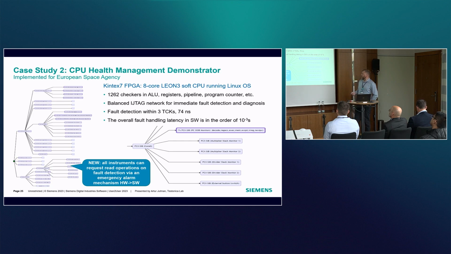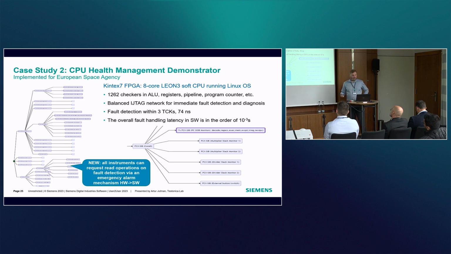This particular demonstrator involved an 8-core CPU implemented on FPGA, and we also inserted over 1,200 different checkers into this 8-core CPU in different modules like ALUs, registers, pipeline, program counter, and so on. We optimized the topology of the network.